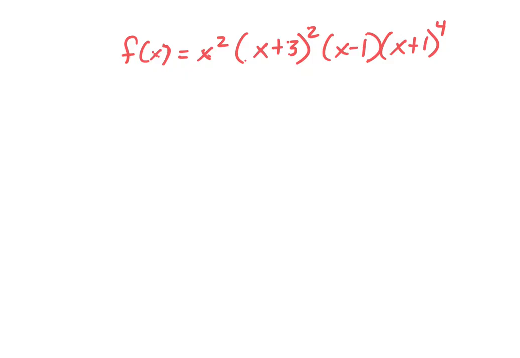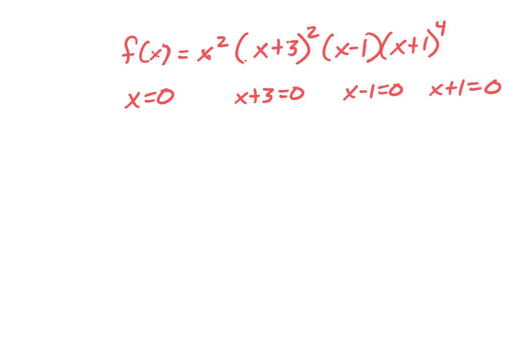This is factored form once again. We have 4 different factors. There is no plus or minus sign attached with this x. So it's just x. X equals 0. X plus 3 equals 0. X minus 1 equals 0. And x plus 1 equals 0.